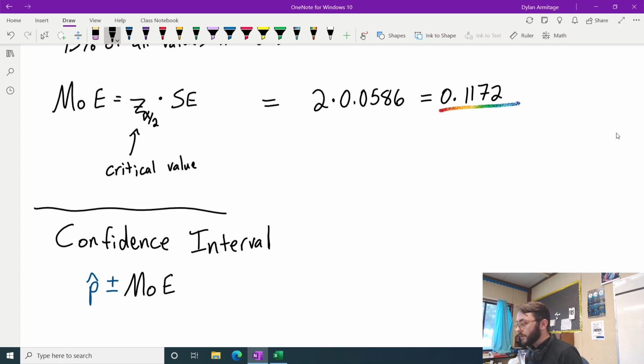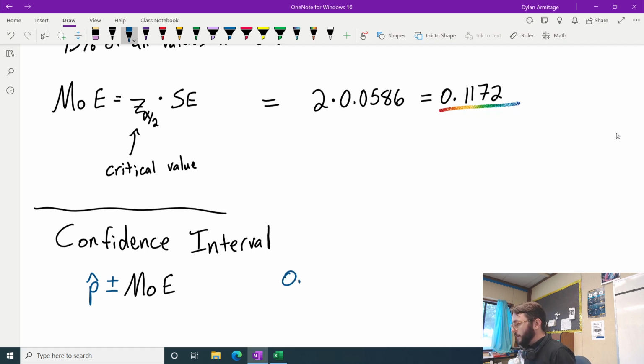Okay. So you're going to end up with 2 numbers, an upper bound and a lower bound, right? An upper larger number and a smaller lower number. So let's get both of them.